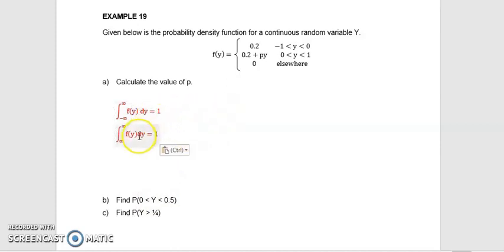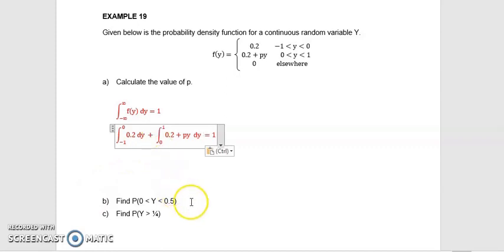Now we have two functions. For the first function, the lower limit is -1, so integrate 0.2 from -1 to 0, that is 0.2 dy, plus the integral of 0.2 plus py dy.